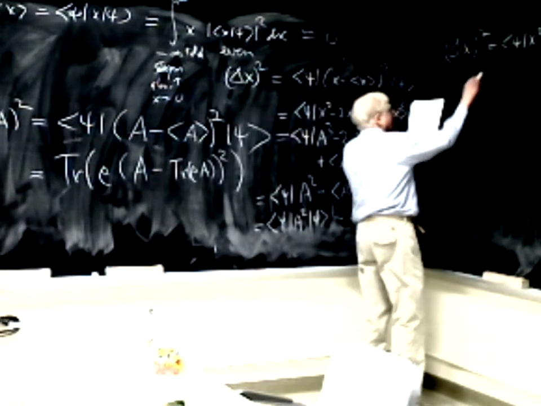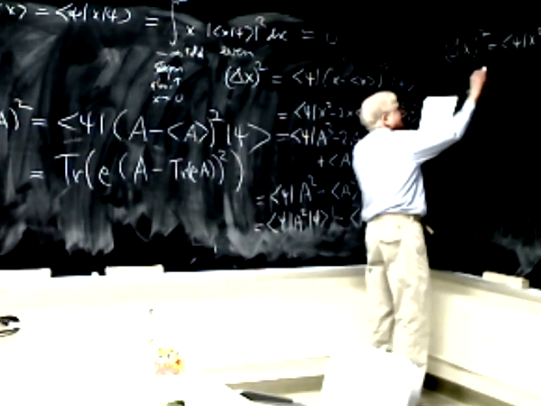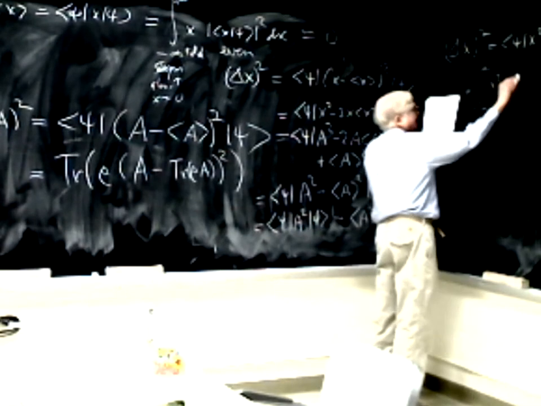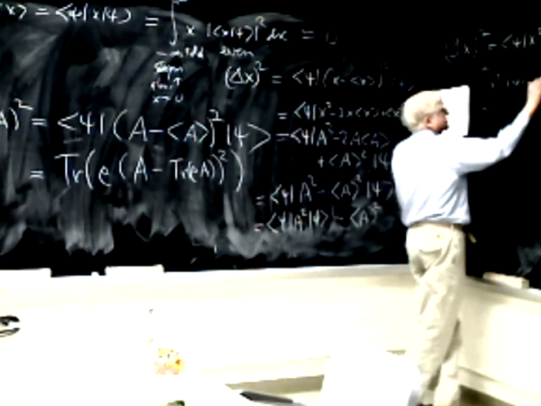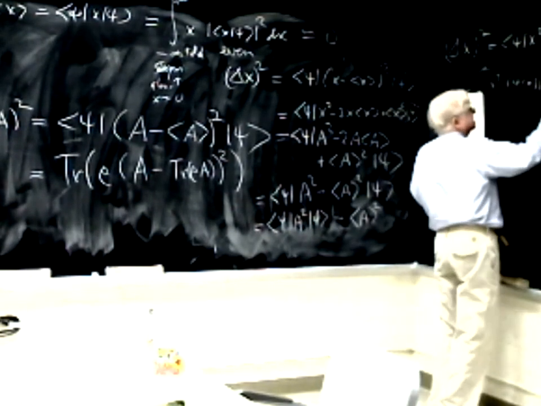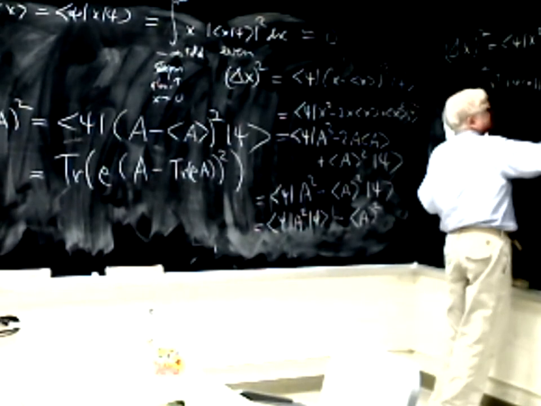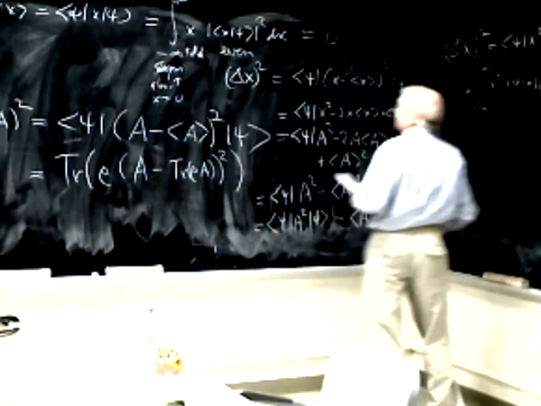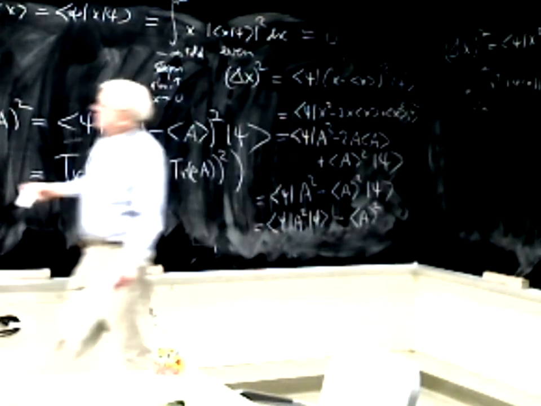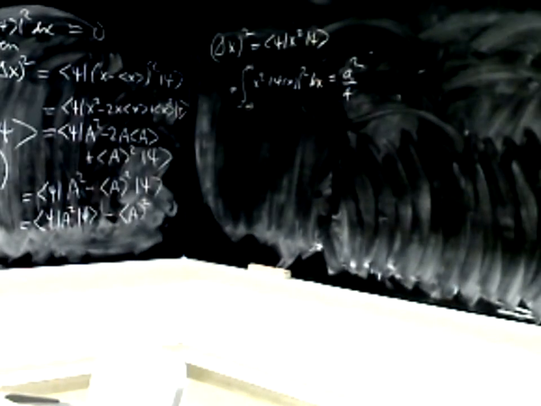And so that's just the integral from minus infinity to plus infinity of x squared times psi of x squared dx, and that turns out to be a squared over 4 when you take into account that psi of x is this expression here. Any questions?